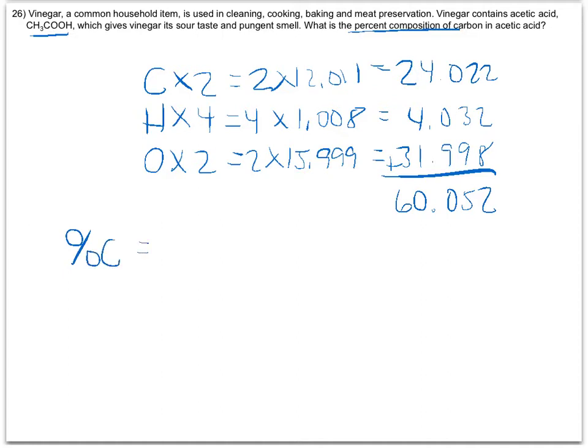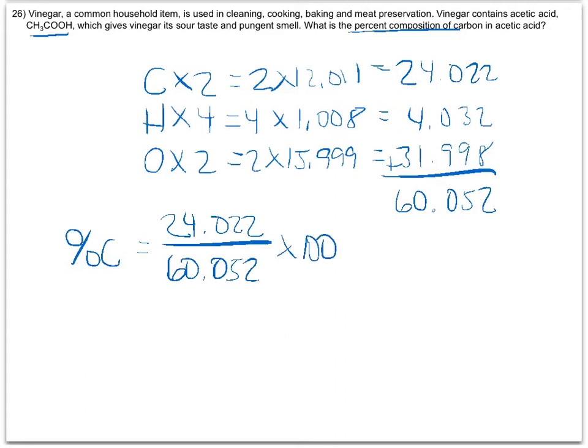Alright, now to find the percent composition of carbon, all you do is take your mass of carbon, which is 24.022, and you divide it by whatever the total mass is, in this case 60.052, and you multiply by 100 because you're saying that you have this much mass of carbon per total of the compound. So that's going to give you your percent. A percent, remember, is always some amount out of the whole.